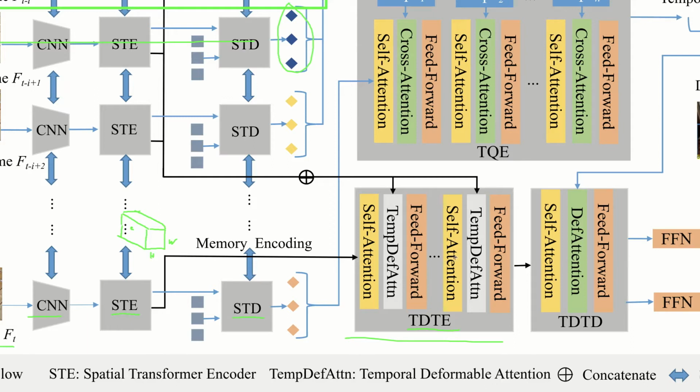So why temporal? Temporal because we're also going to have as input features from different time steps into this attention encoder. Why deformable? Because if we did attention across all these feature pixels to all other feature pixels in the other images, then we would have large attention matrices, and these consume a lot of memory.